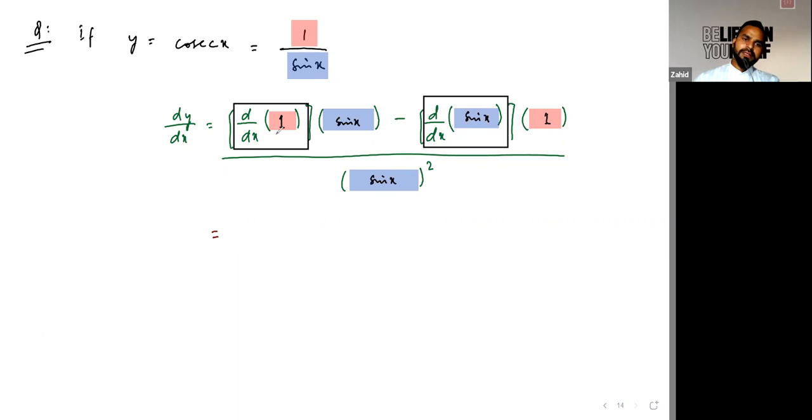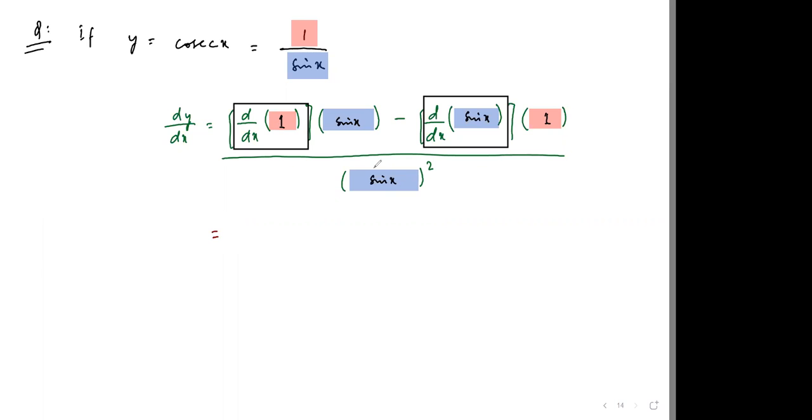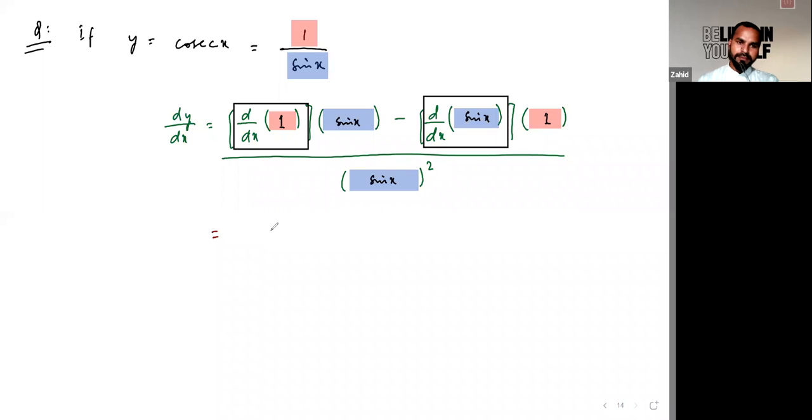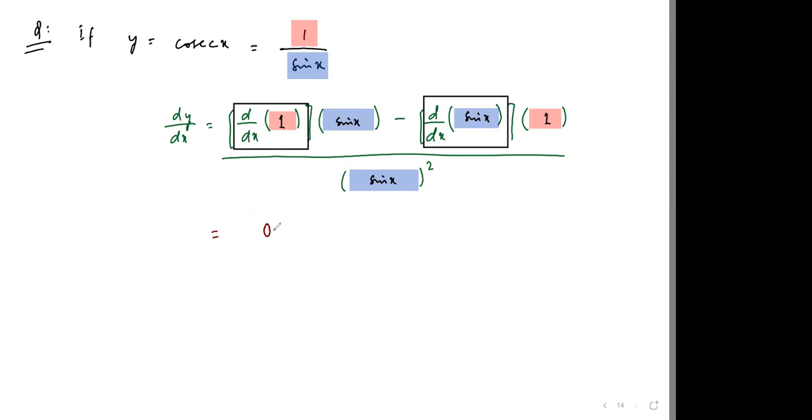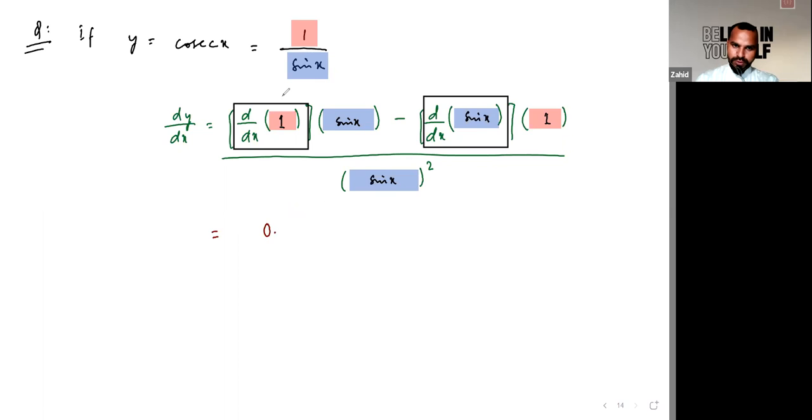Just tell me the differentiation of 1 in this first part. Whether it is constant or variable. Constant. So differentiation of any constant term would be 0. Good. And 0 multiplied with any number would be 0. So this whole term would become 0. Now the next term, which is sine x.